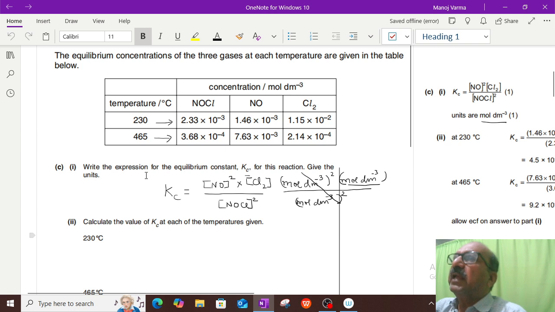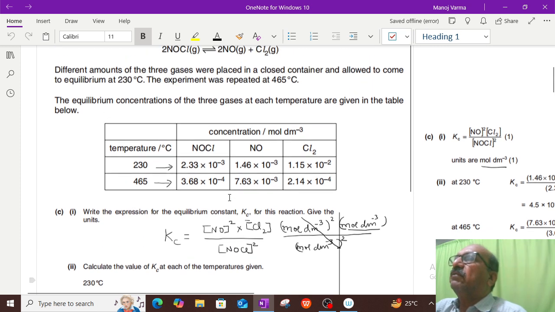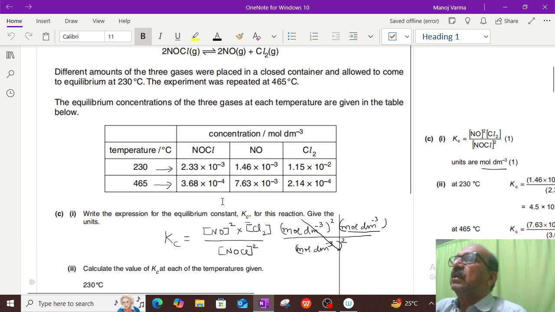The first question says, write the expression for the equilibrium constant Kc for this reaction. Give the units. Now you are well aware, if you have just read this chapter, that when we write the formula for Kc, the concentration of the products is taken in the numerator. So the products are NO and Cl2, and this bracket means the concentration.